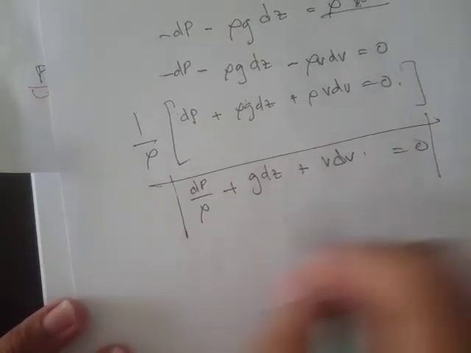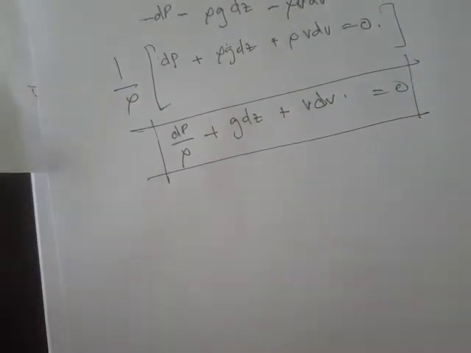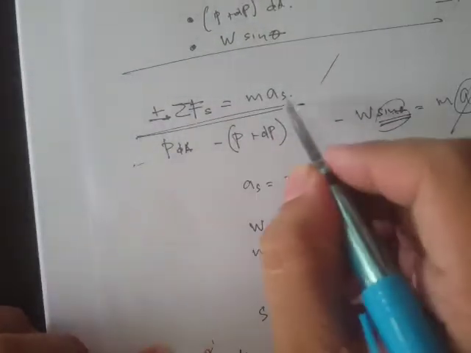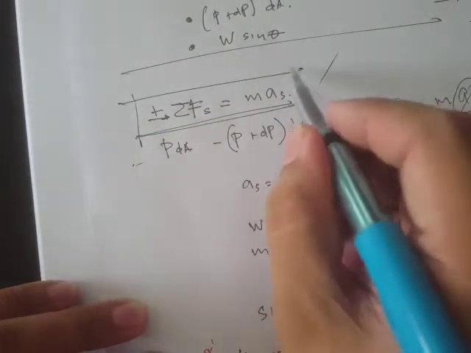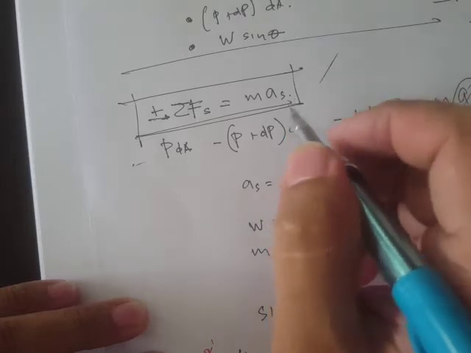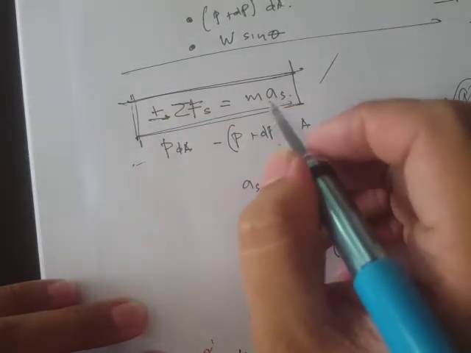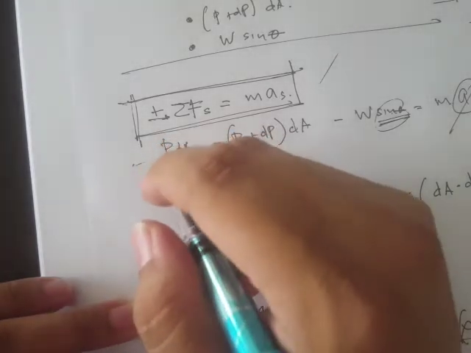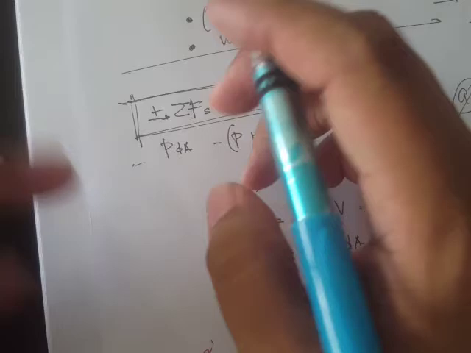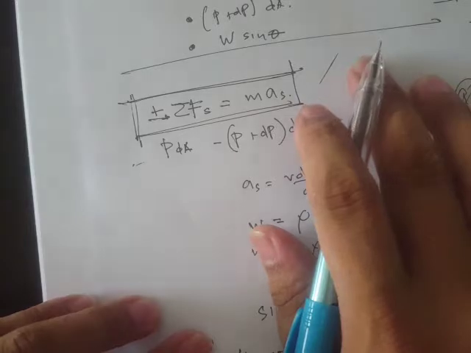Okay, so this is now the differential equation along the streamline using Newton's second law. However, although this is originally Newton's second law, I think this was derived actually by Euler, because he's the one who made Euler's equation, and he made it more rigorous and more complete as compared to Newton.